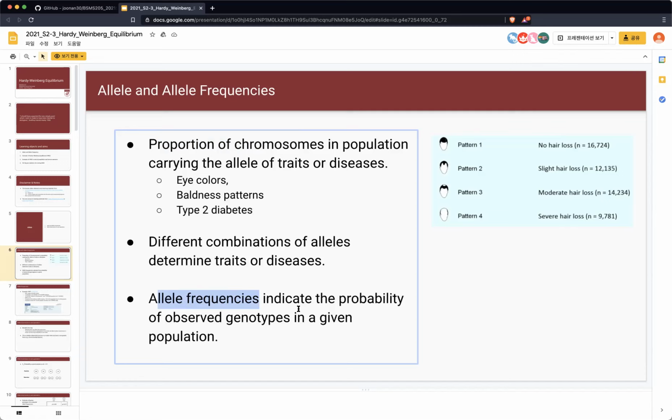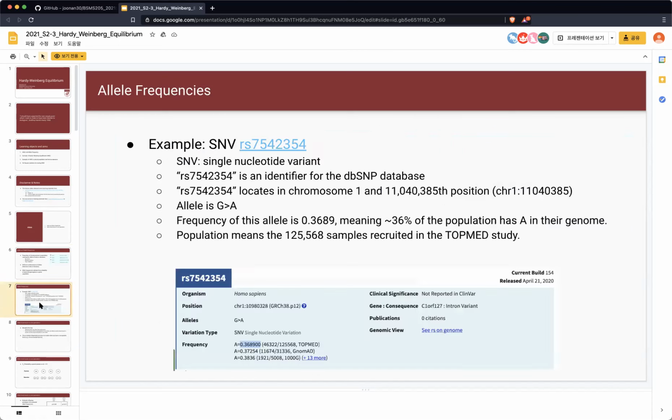So when you look at a certain phenotype, and that phenotype is developed by a certain allele, and that allele has a certain frequency in a population, the frequency really matters, because this is the criterion for whether we can think about this disease seriously or not, right? So allele frequency is the key value we have to think about in our genetic study.